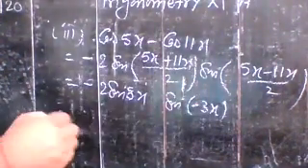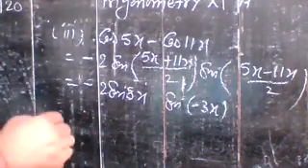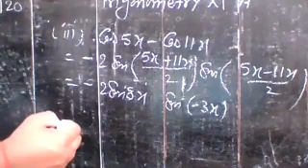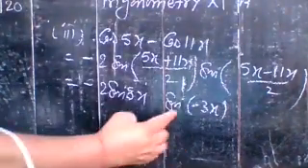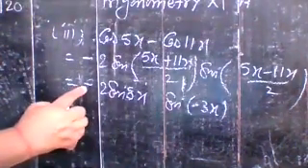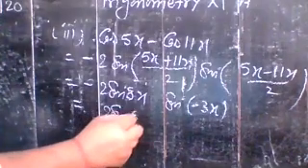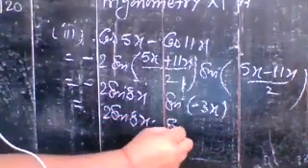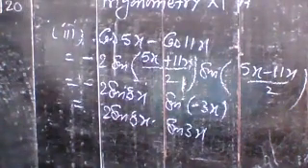But you know, sine of minus x is equal to minus sine x. So if this minus comes out, it becomes positive. So you can write 2 sine 8x into sine 3x. So that we express in the form of a product.